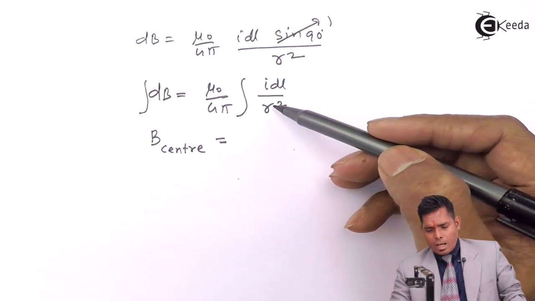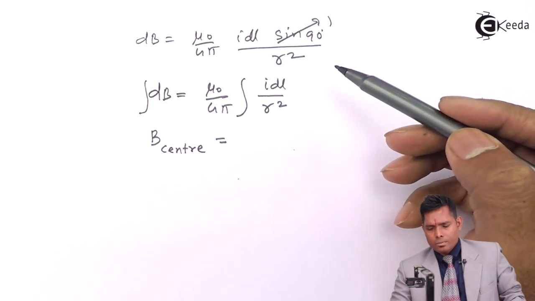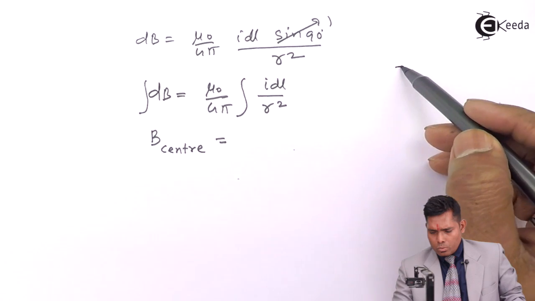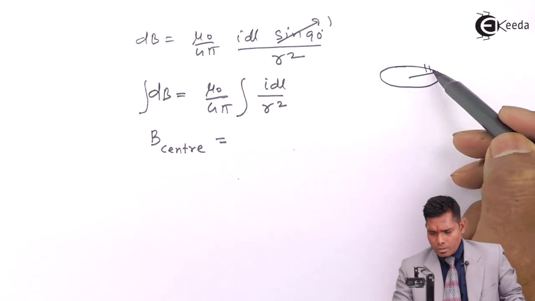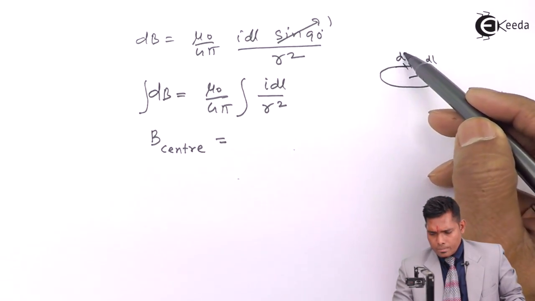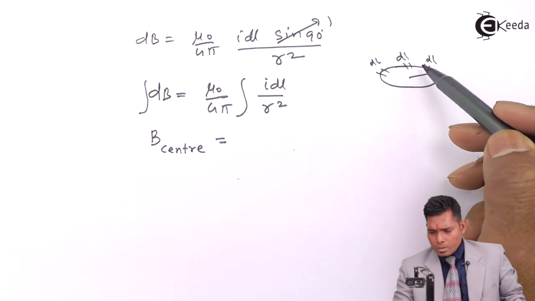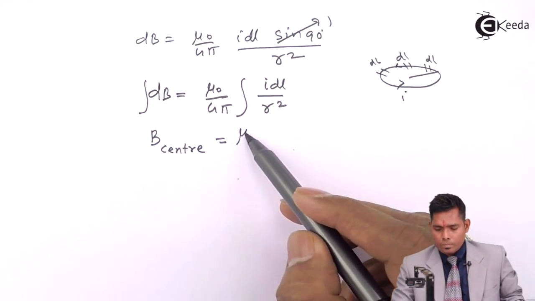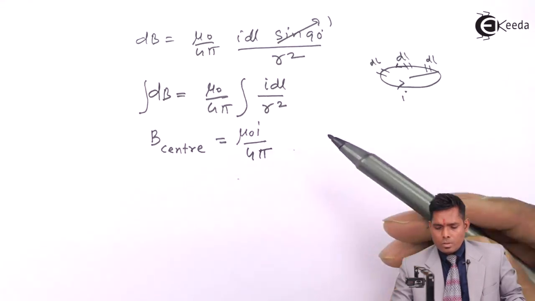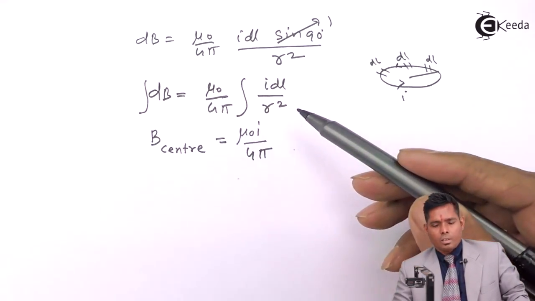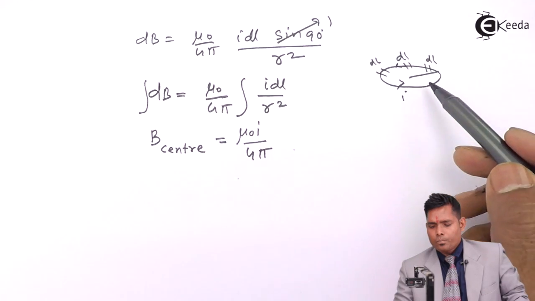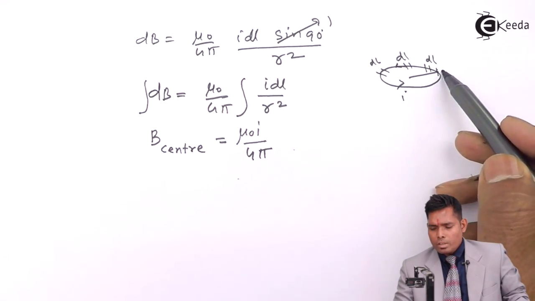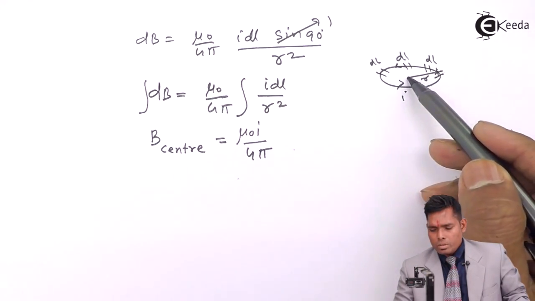In the integration, as you change the element, I is not changing. For each element you choose, here or here or anywhere, the same current I will flow. So I is constant and taken out. Mu 0 upon 4 pi are constants. As you change the element, r is also not going to change.